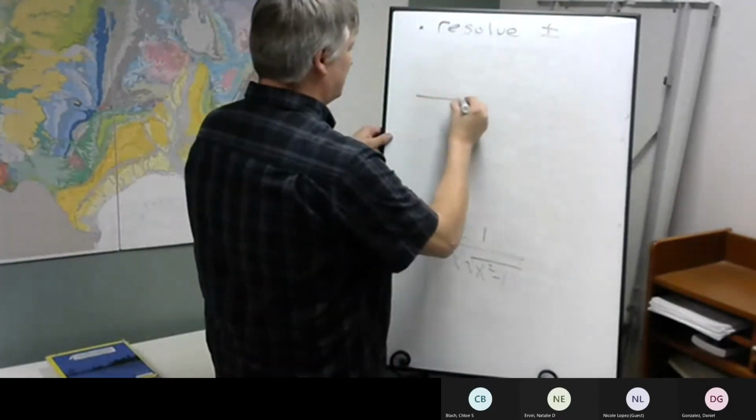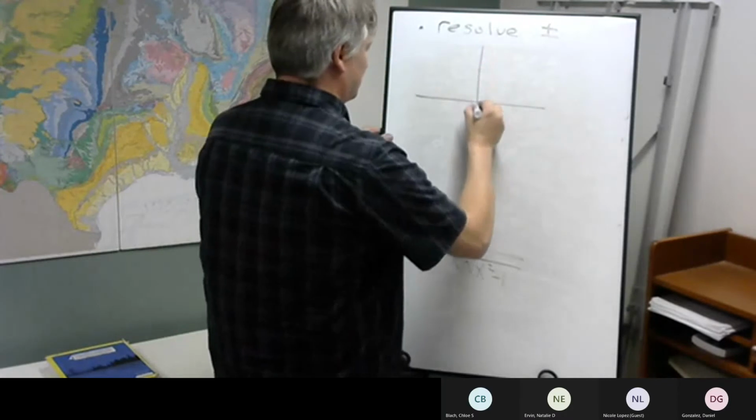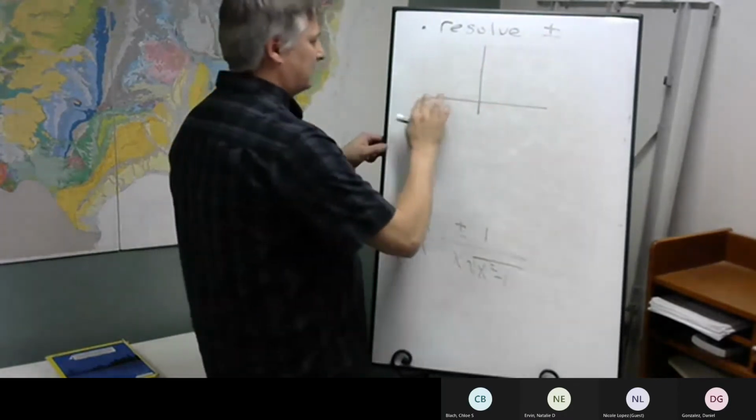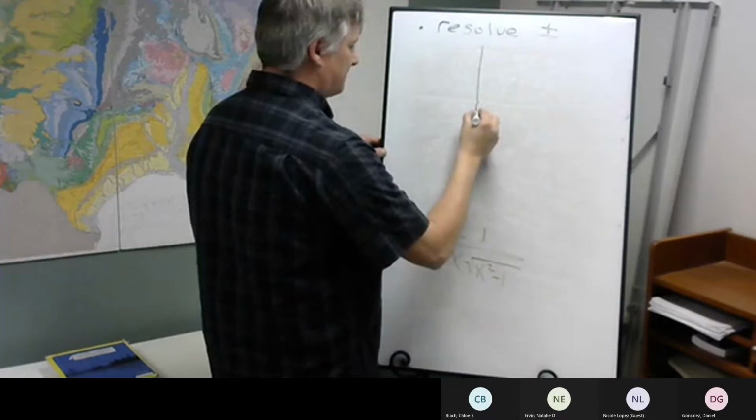Let's take a look at the graph for secant inverse.